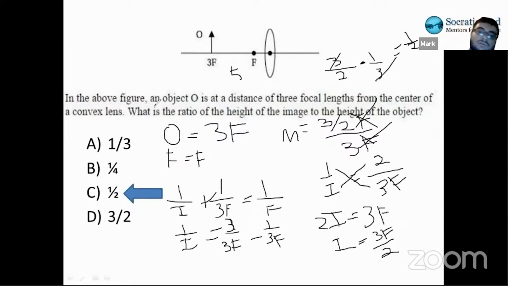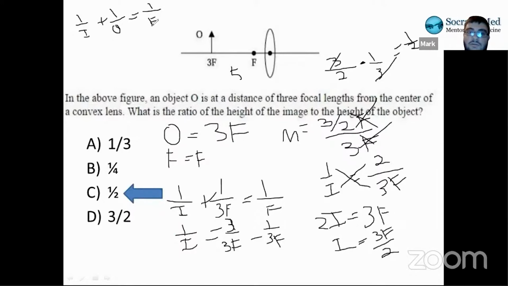Okay, so again, with any lens, or if you guys have any questions, keep putting them in the chat and I'll keep answering them. But yeah, the main equation in all lens problems, 1/I plus 1/O is equal to 1/F. This is the main equation.